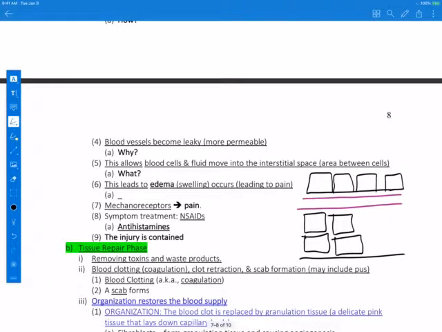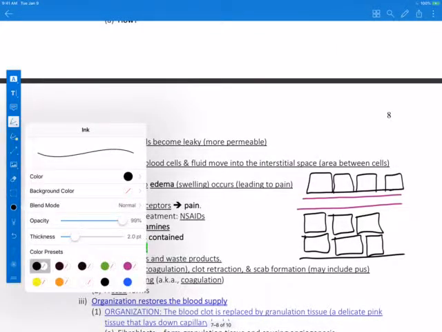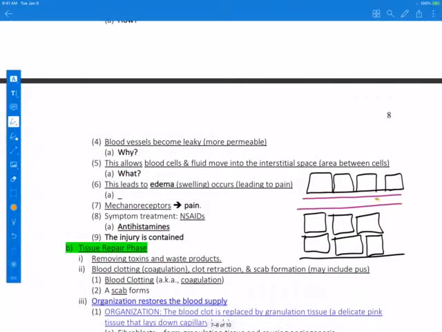But fluid or blood is made up of both cells and plasma, which is the liquid part of the blood. And so some of that fluid in the blood will seep through the blood vessel and fill up the tissue space. That space around the cells, that's called the interstitial space.